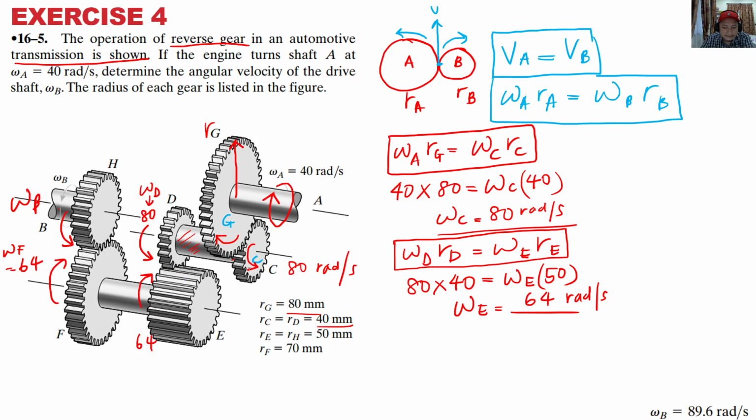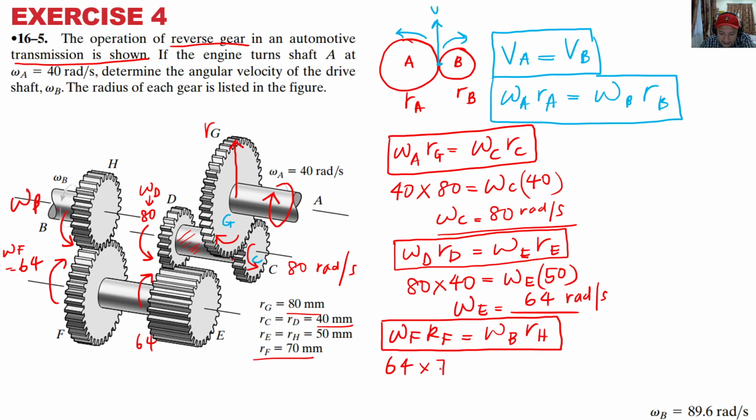Okay, so final one. Omega F RF is equal to omega B RH. 64 times RF, RF is 70. Omega B, I don't know.